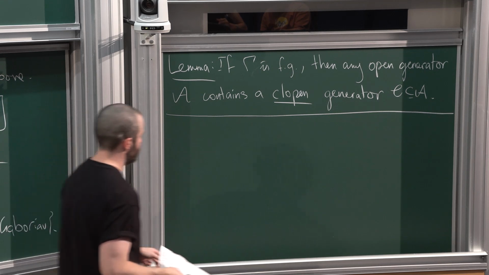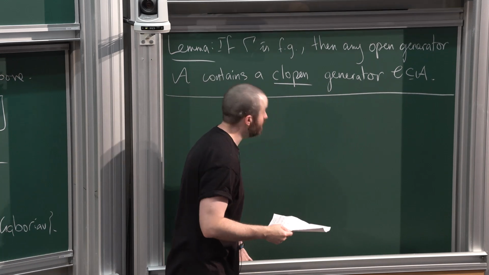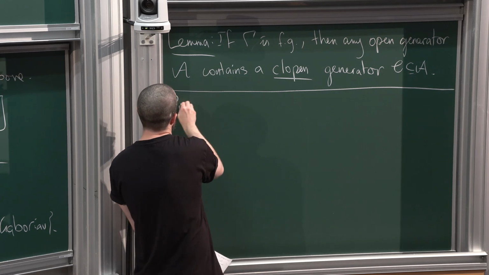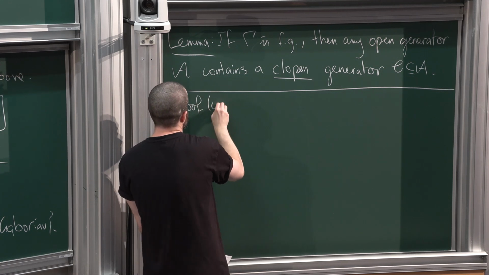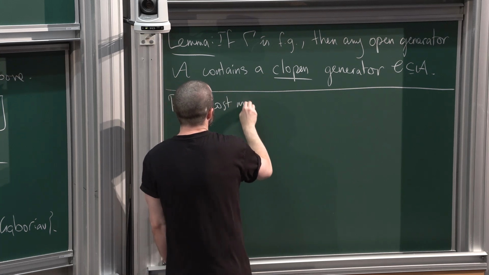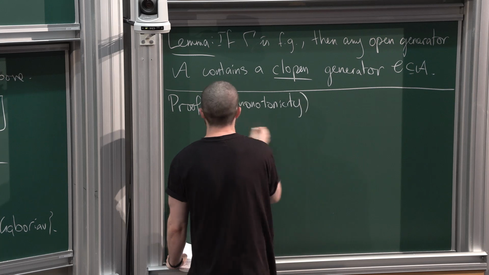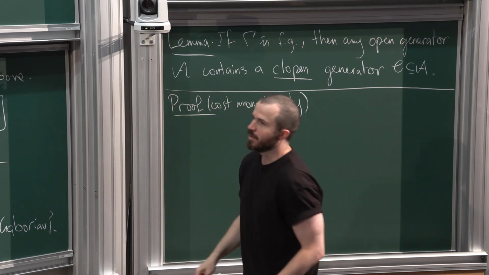And then this gives us the proof of cost monotonicity. So let me just spell that out. So proof of cost monotonicity. When I say cost monotonicity, I mean what's on this other board.